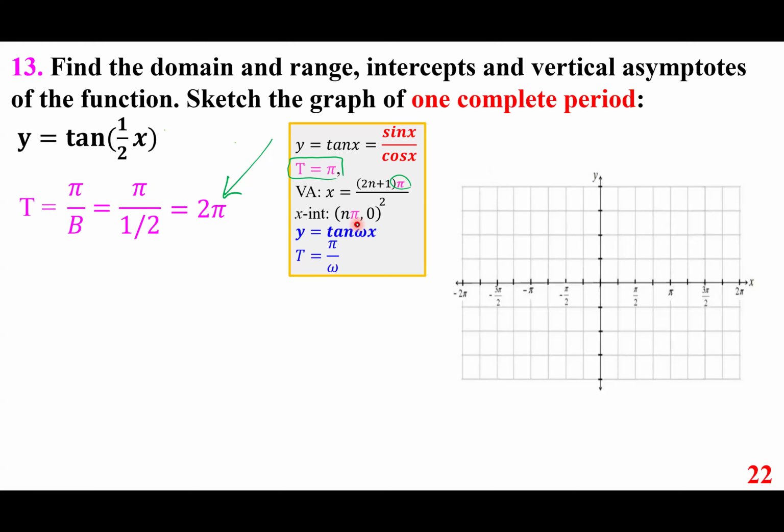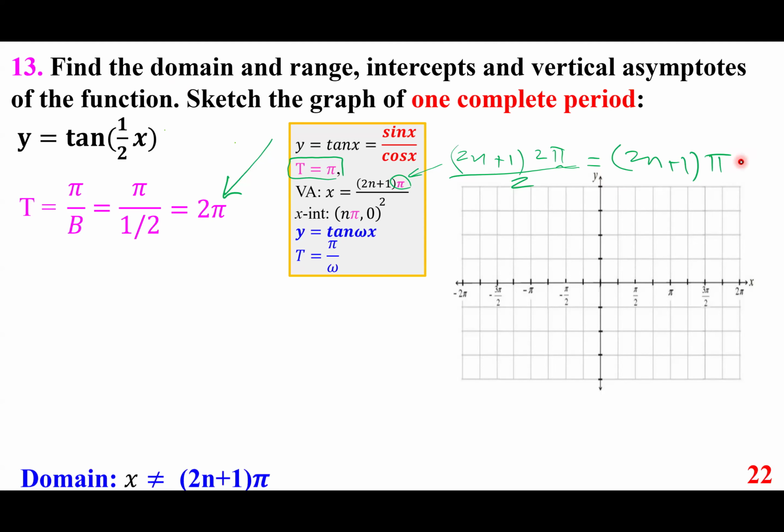If I replace the pi with 2 pi, let me just show you what happens. I get 2n plus 1 times 2 pi over 2, which makes it 2n plus 1 times pi. So that's my vertical asymptotes. What is the domain? Everything except those. The range doesn't change, it's all real numbers.